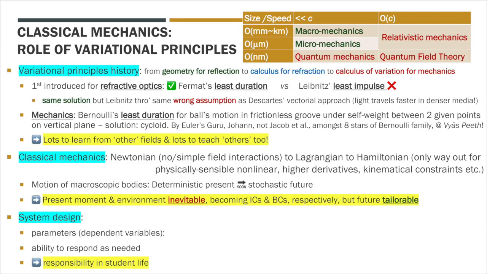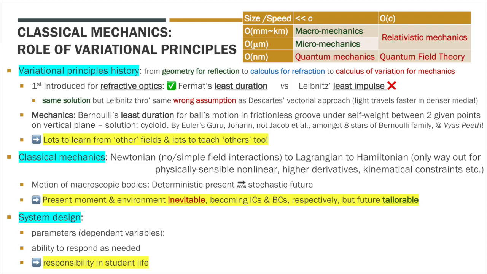They become the initial conditions and boundary conditions of the problem that we are trying to solve. And the present moment becomes an initial condition, while the present environment becomes the boundary condition. So this moment is inevitable, but the future is completely tailorable, and that basically depends upon the governing equations.